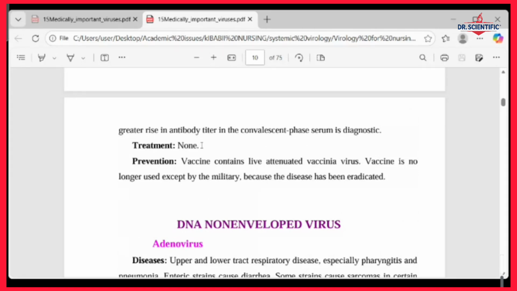We have a vaccine, and I think this is a vaccine that has assisted clearance of most of this virus, because this vaccine contains live attenuated vaccinia virus, but the vaccine is no longer used except by the military because the disease has been eradicated.